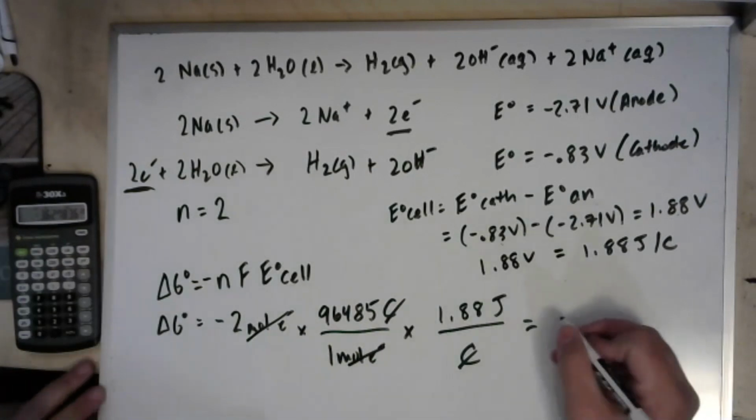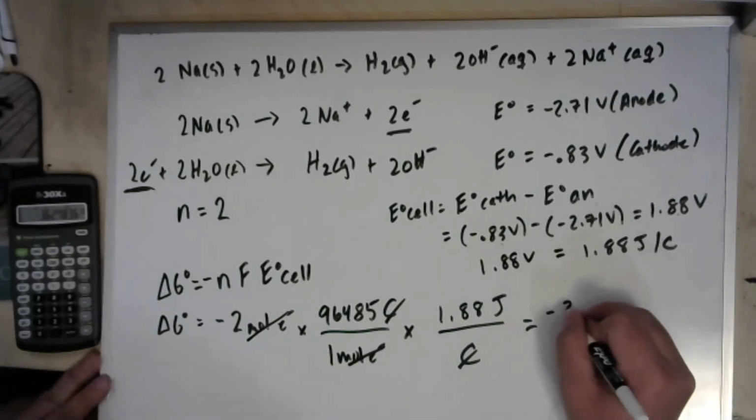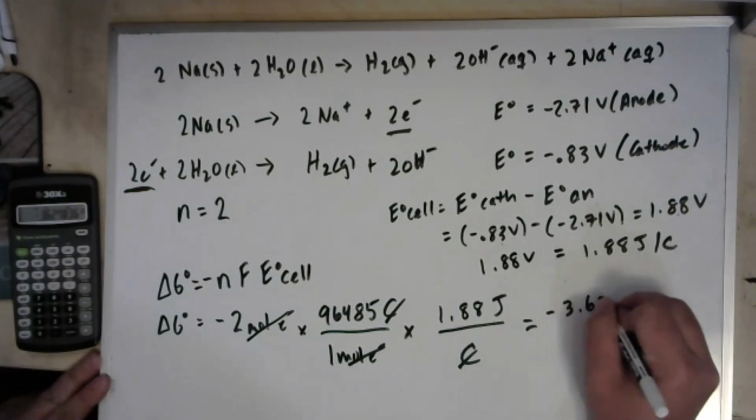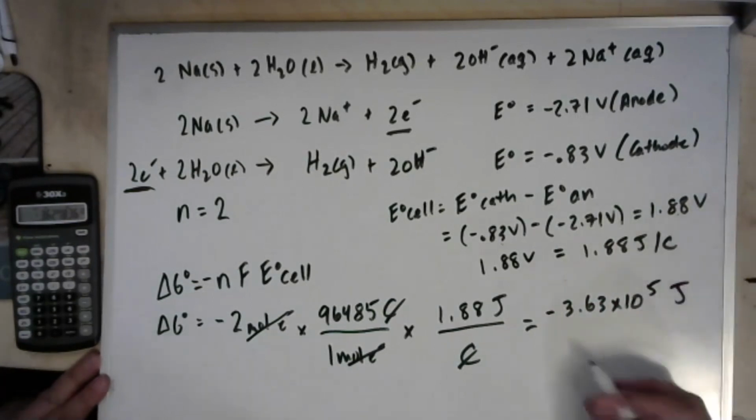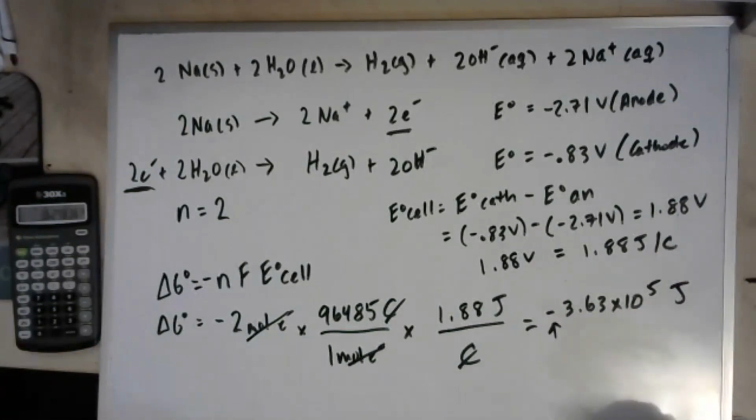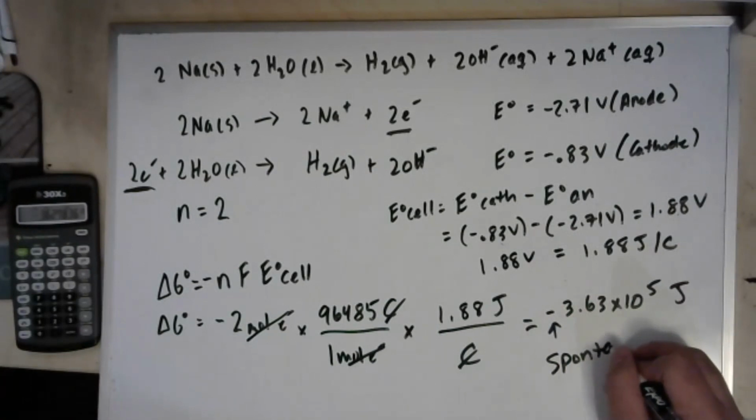And we end up with negative 3.63 times 10 to the 5 joules. Negative delta G value indicates a spontaneous reaction.